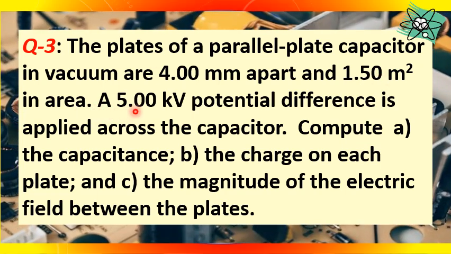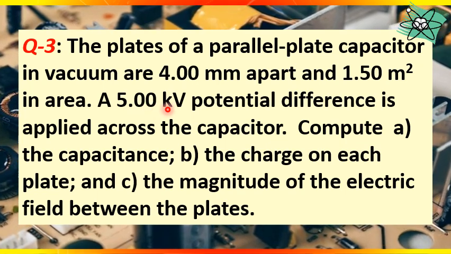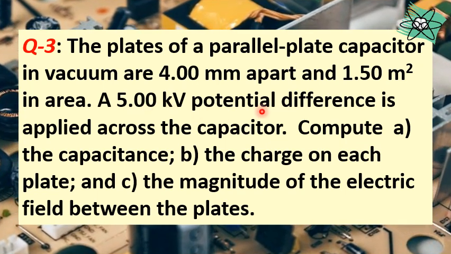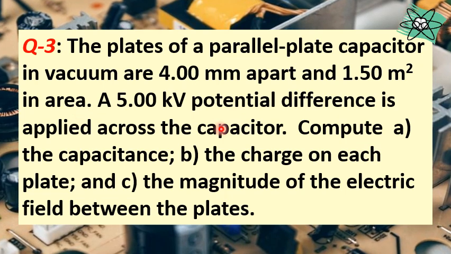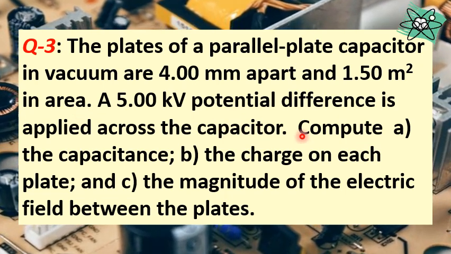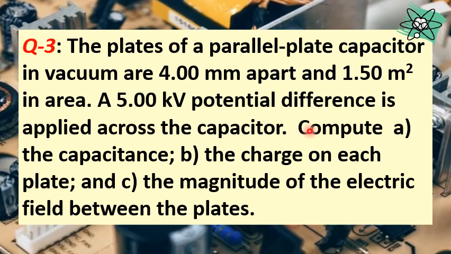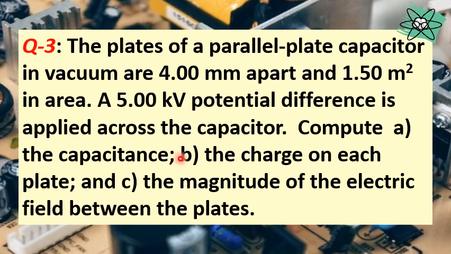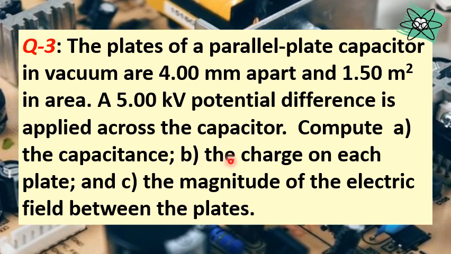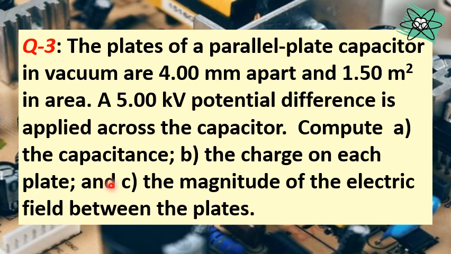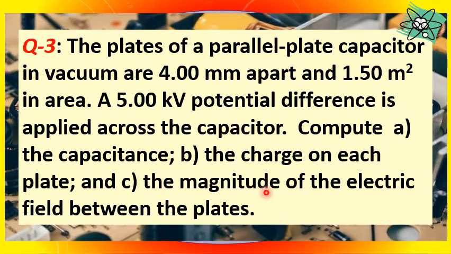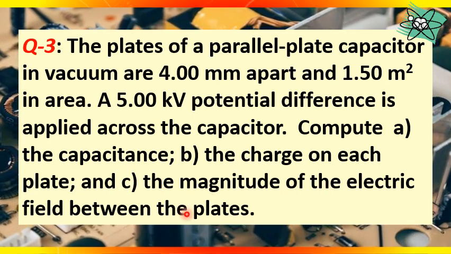A 5.00 kilovolt potential difference is applied across the capacitor. Compute letter A, the capacitance, letter B, the charge on each plate, and letter C, the magnitude of the electric field between the plates.